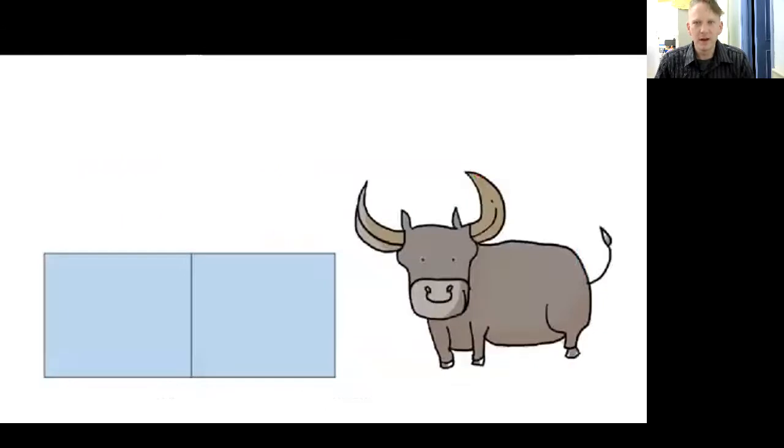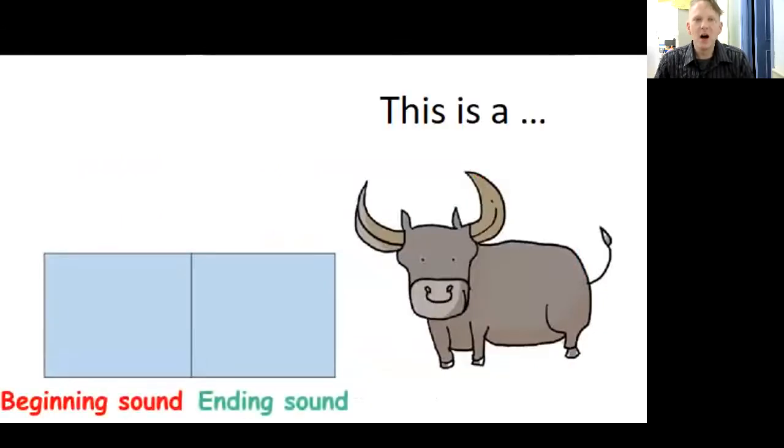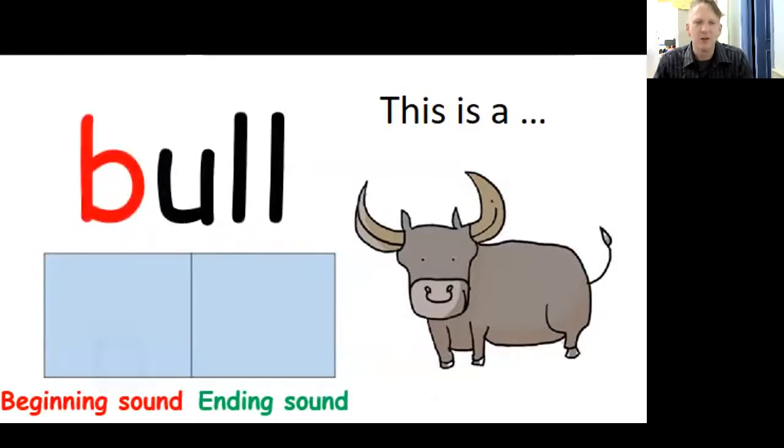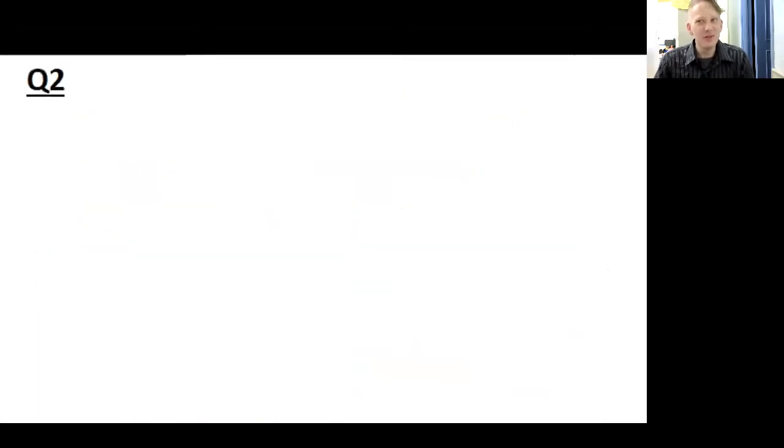Bull. This is a bull. And what sound does it make? Oh, sorry, it makes the B sound. Is it beginning or ending? Let's say it again. Bull. That's right. It is the beginning sound. Very good.